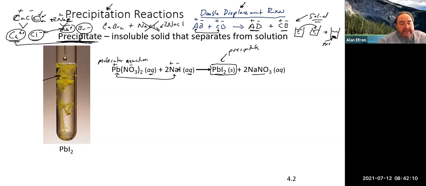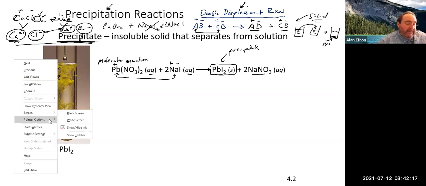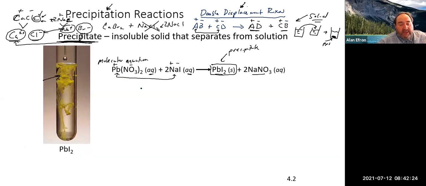Now, does this equation really adequately describe what is happening in this solution? The answer is not necessarily. We could take this reaction and write another equation which really shows us what is taking place. If we do that, we would use our understanding of electrolytes that we just talked about to figure out what is taking place.